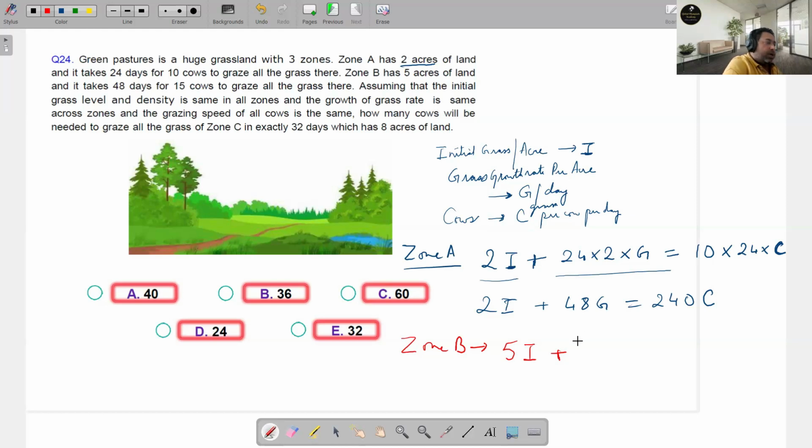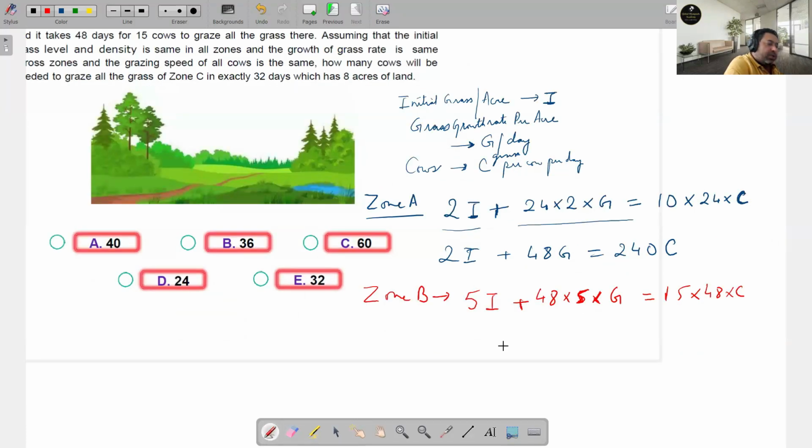So it will be 48 times 5, because 5 acres is there, multiplied by G is equal to, in this case, 15 cows for 48 days, into C.